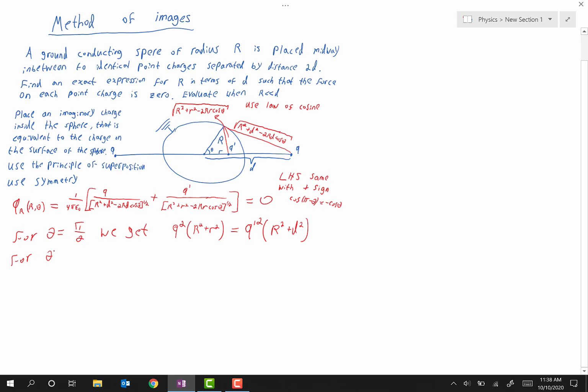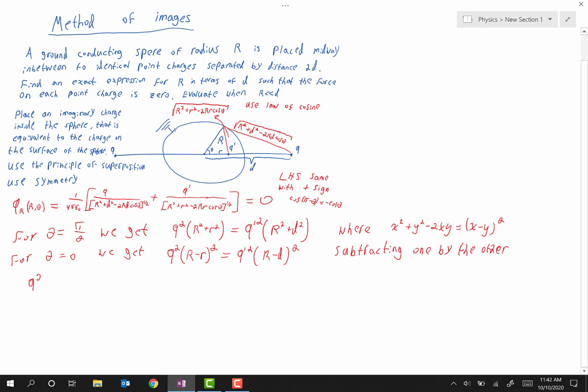For the other case, let us choose theta equal to 0, and then we get q squared (capital R minus small r) squared plus q prime squared (capital R minus d) squared, where we have used the following relation. Subtracting the second equation from the first, we see that q squared 2 capital R r equals q prime squared 2 capital R d. That means q squared is equal to q prime squared d over r.